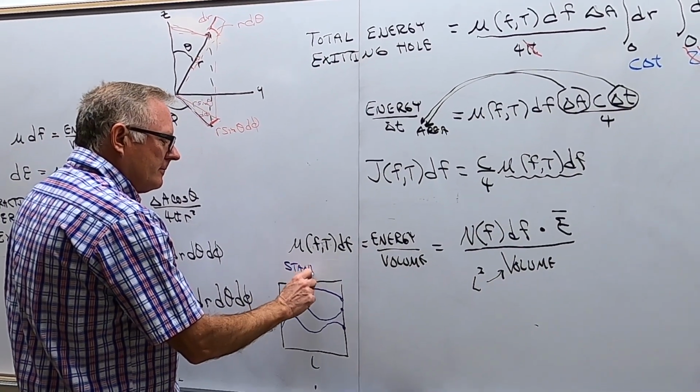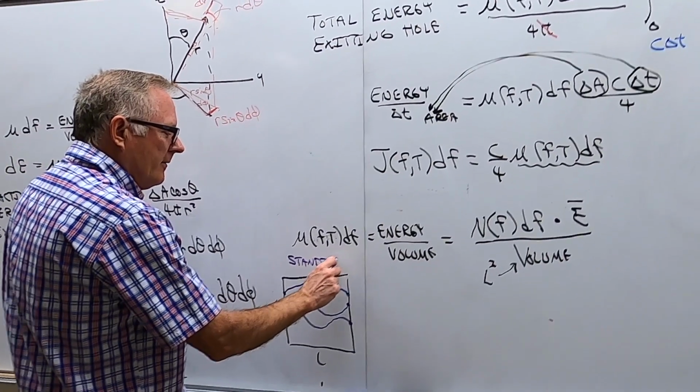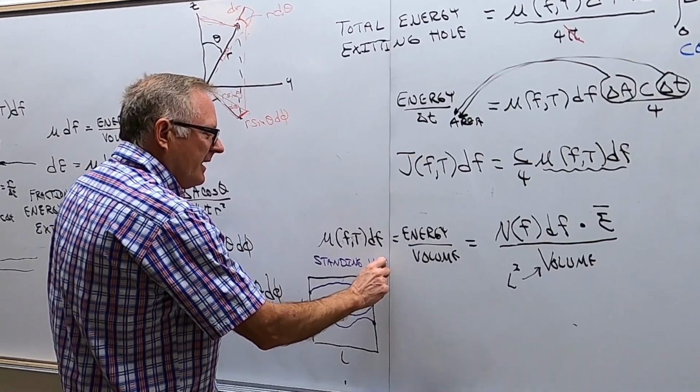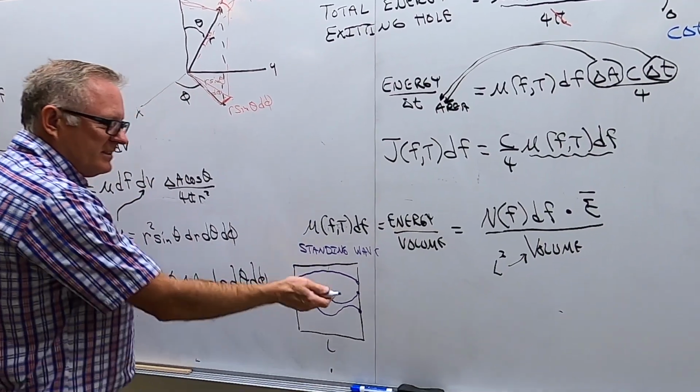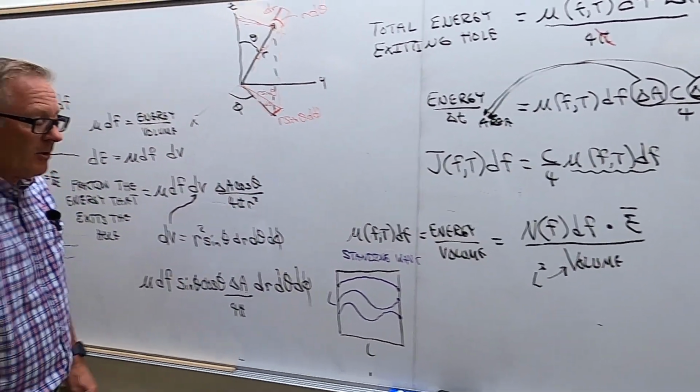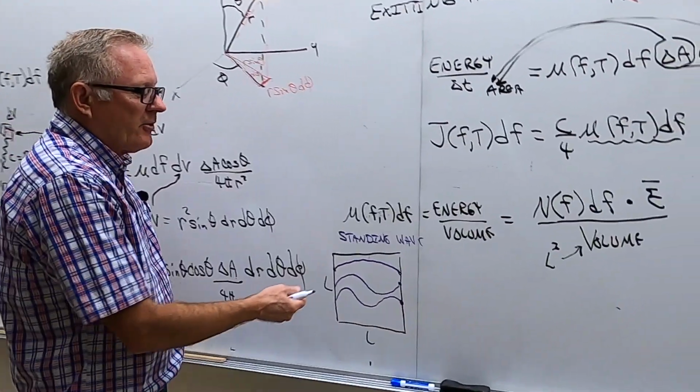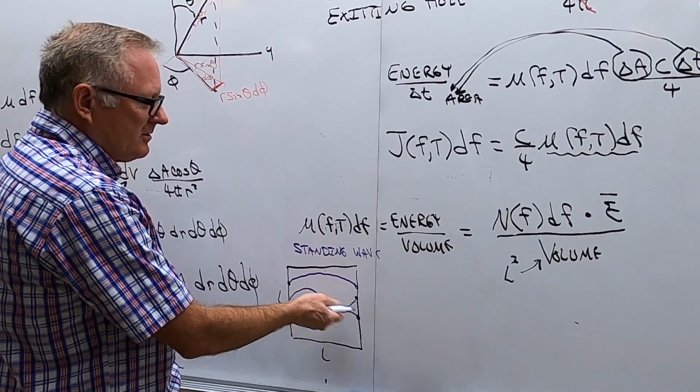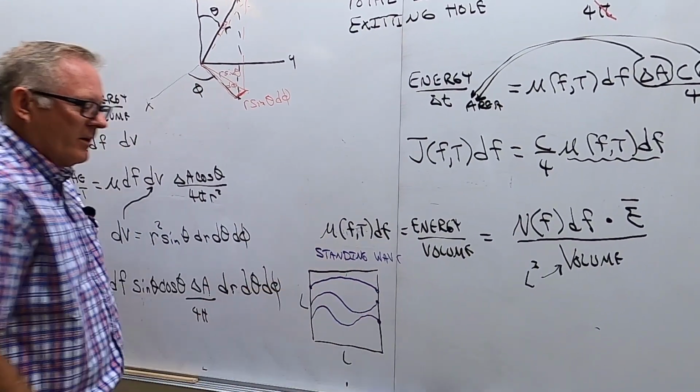Standing waves. This is what you'd get if you pluck a guitar string, you'd see standing waves on it. This is what you get in a microwave oven. You get standing waves but just one frequency.